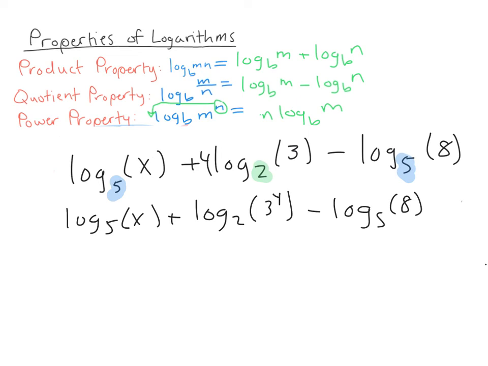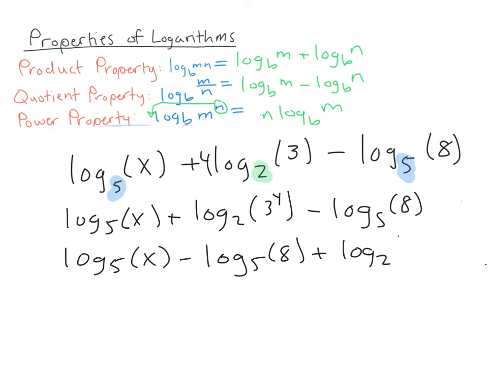So, with that being said, we can actually rearrange this problem to be log base 5 of x minus log base 5 of 8 plus log base 2 of, and then we can simplify 3 to the 4th power, that is 81.